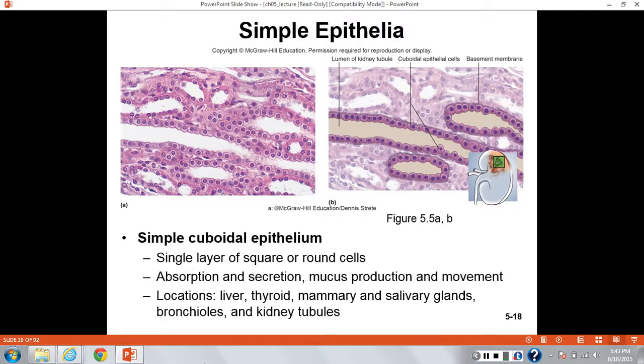Secretion, they do. So they took a tissue specimen from the nephrons of this kidney. They secrete mucus to protect. You have it in the liver, your thyroid gland, your mammary gland, your salivary gland, bronchioles, the lungs, and your what? Kidneys. Okay?